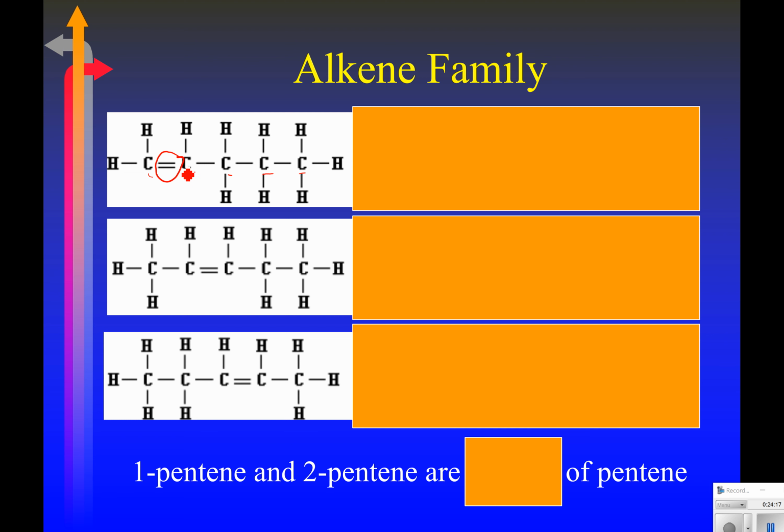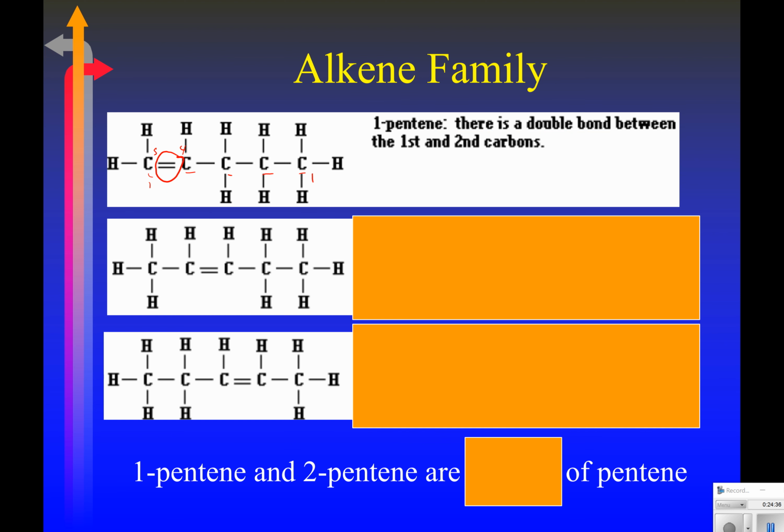And we have to identify on which carbon that double bond is. And we can either start with 1 here or 1 here. If we start with 1 on the left, the double bond is touching the first carbon. If we start with 1 on the right, the double bond is touching the 5th or the 4th. So we want to start numbering from the left. So this would be 1-pentene. So we have a double bond between the first and second carbons.